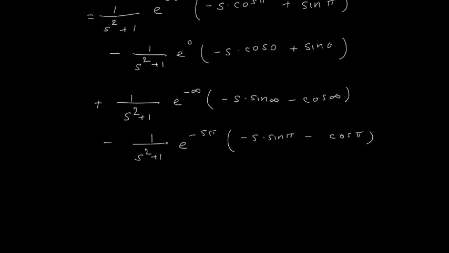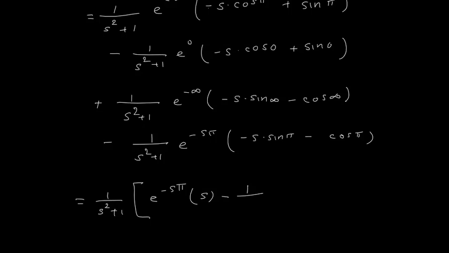So 1 upon s square plus 1 is common, so let us take it out. Now here e power minus s pi, and inside, cos pi is minus 1, so minus s into minus 1 becomes s. Sin pi is 0.